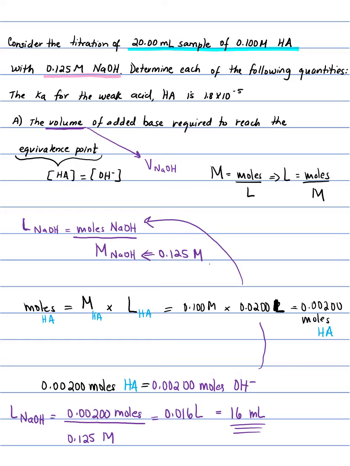That volume and that concentration contain 0.002 moles of sodium hydroxide, which is the amount of moles that you need to neutralize the number of moles that you have in your sample.